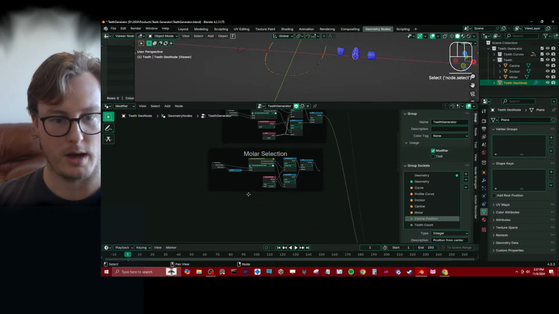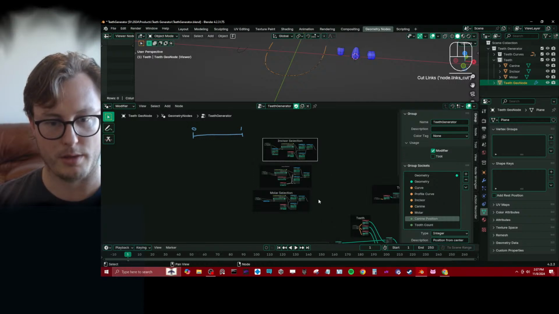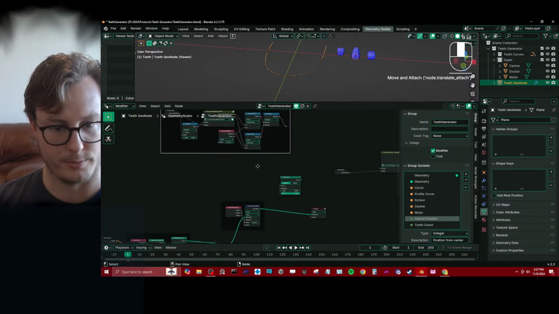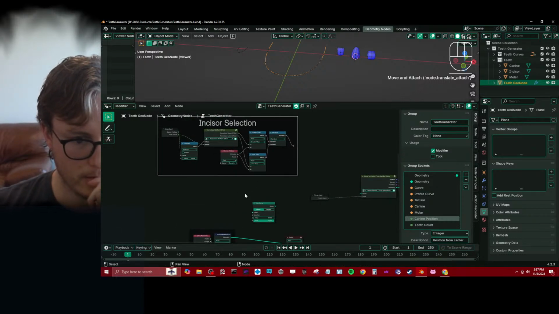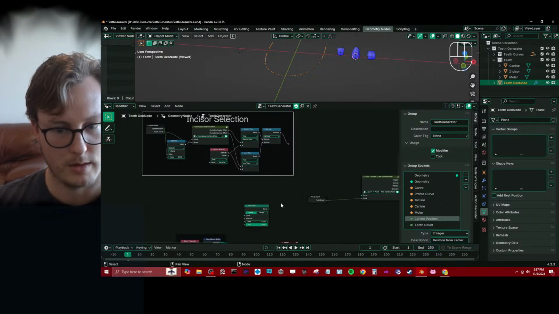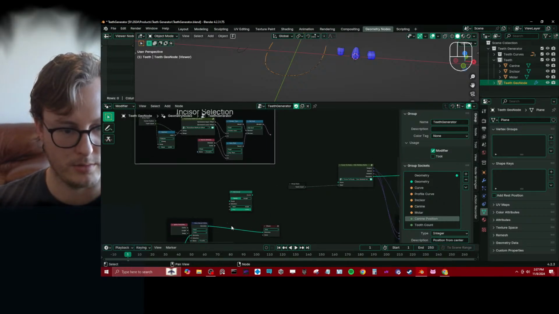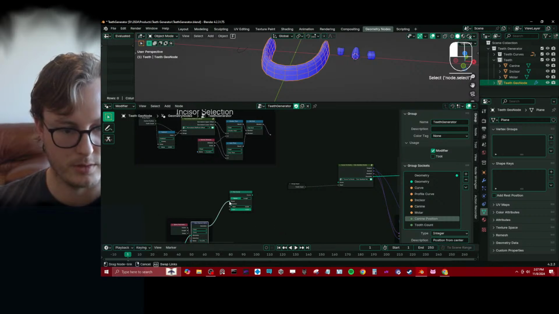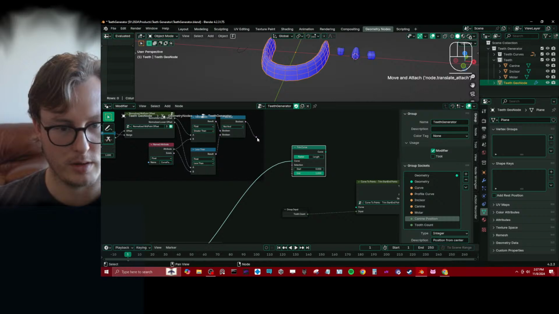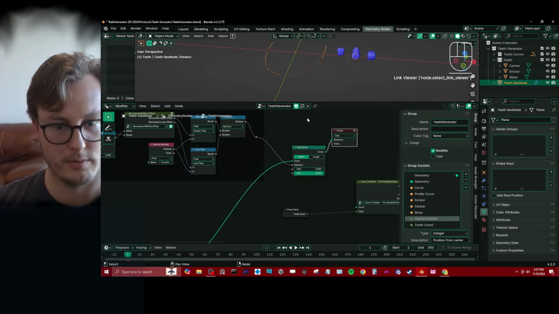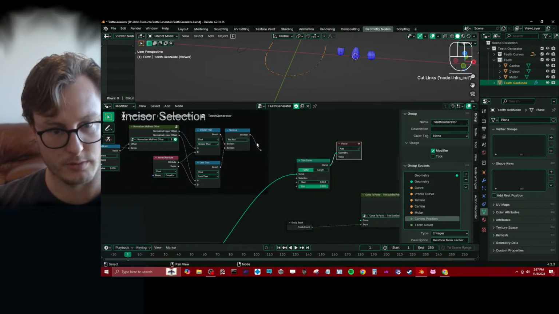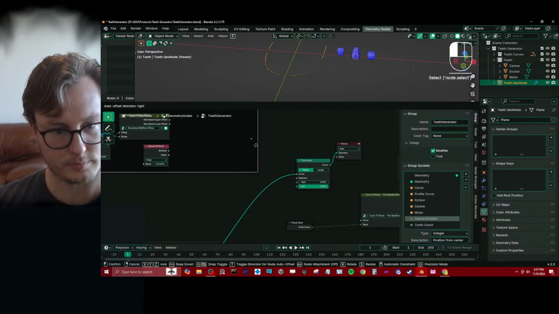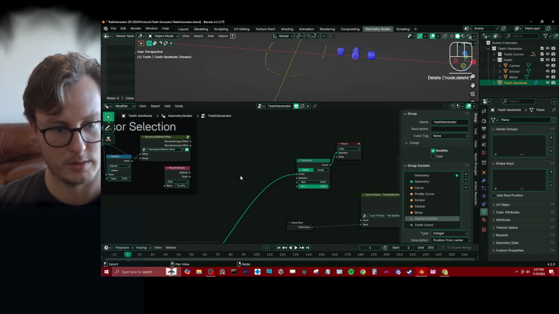We want to start and end. So, all right, let's start with our incisor. So this is our selection for the incisor. And we'll just feed in the curve and the selection. And what are we looking at? Okay. I could do a selection, but what I actually want, upper.